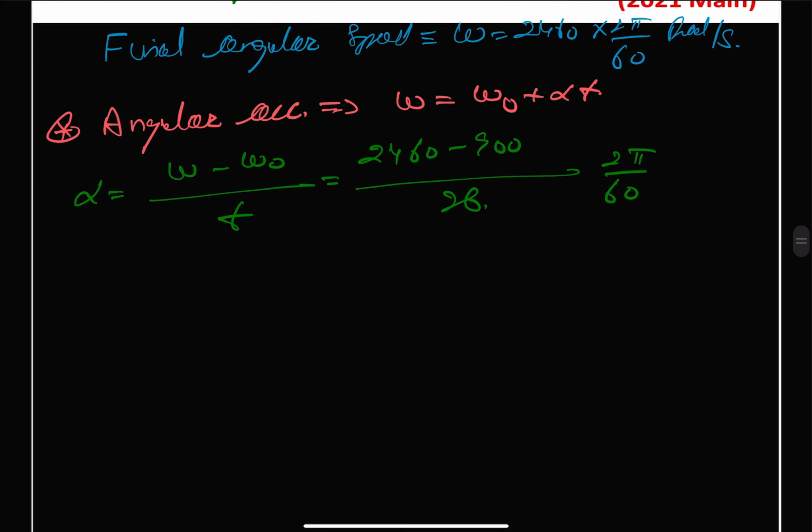This alpha can be approximated as 6.28 radian per second square.